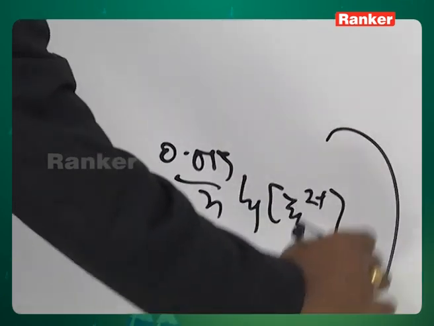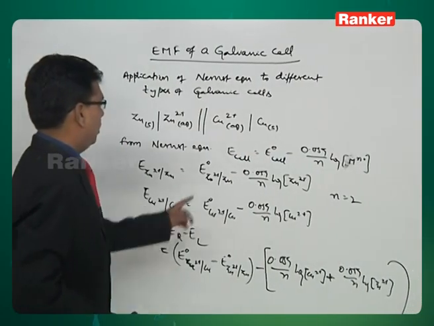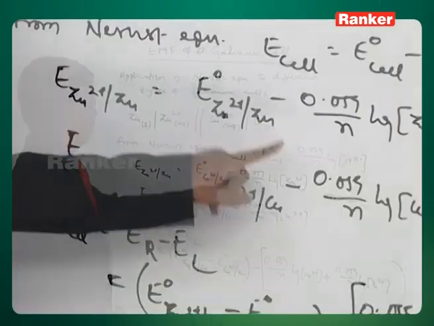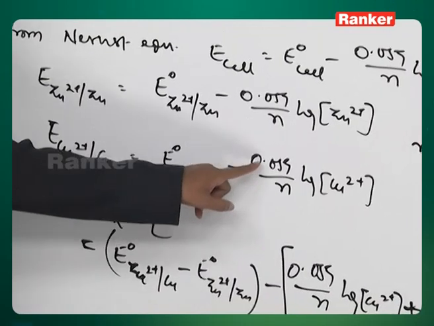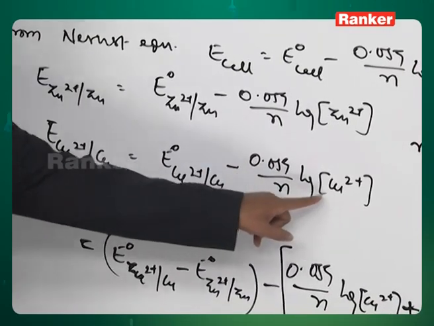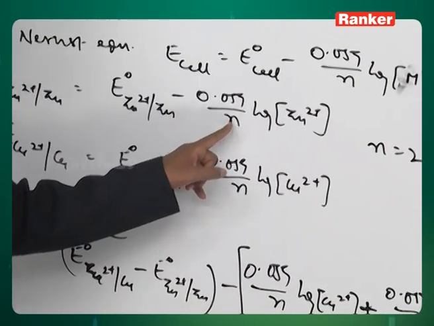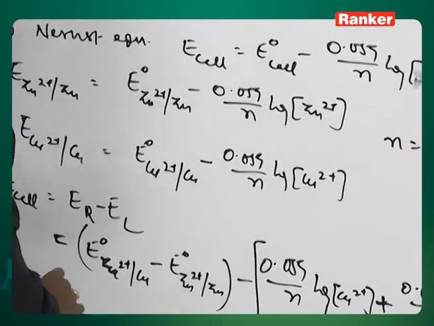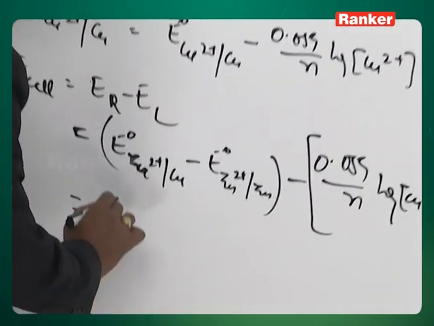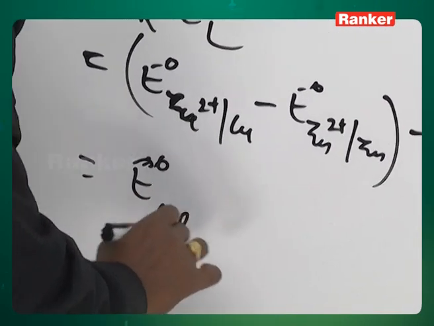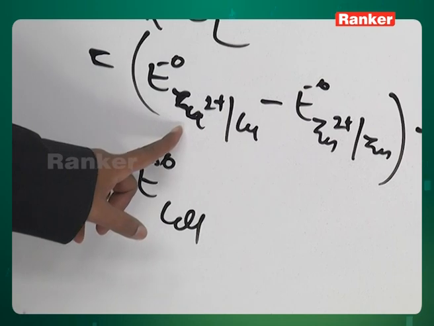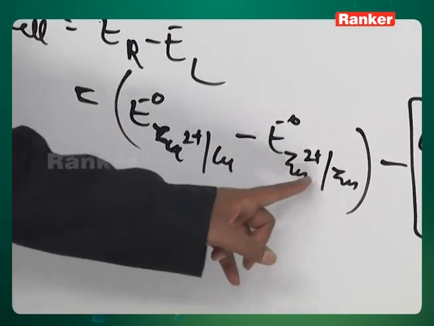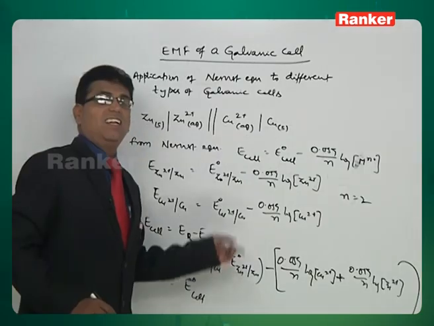Basically, this is E naught of this minus E naught of this, minus 0.059 by n log Cu2+ minus 0.059 log Zn2+. That minus minus will become plus, and finally it becomes what we call E naught cell, E naught Cu2+/Cu minus E naught Zn2+/Zn.